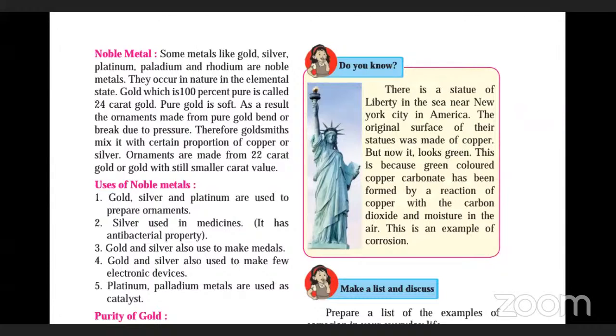Next part is the noble metals. What do you understand by noble?